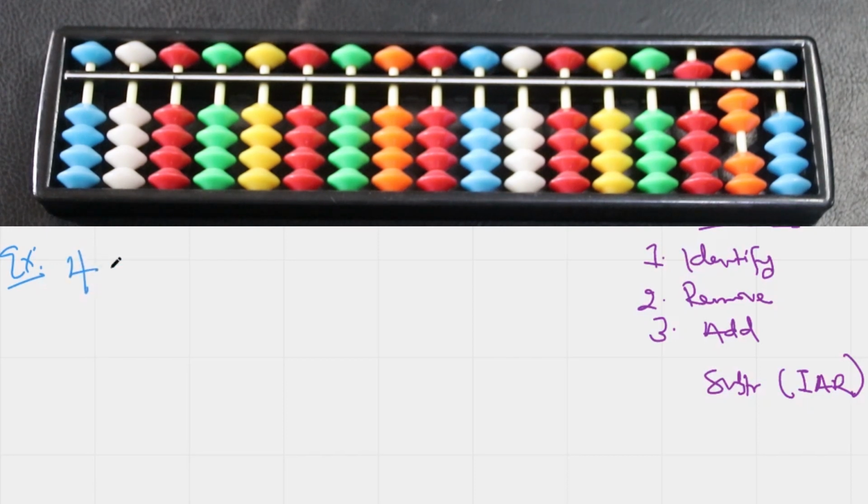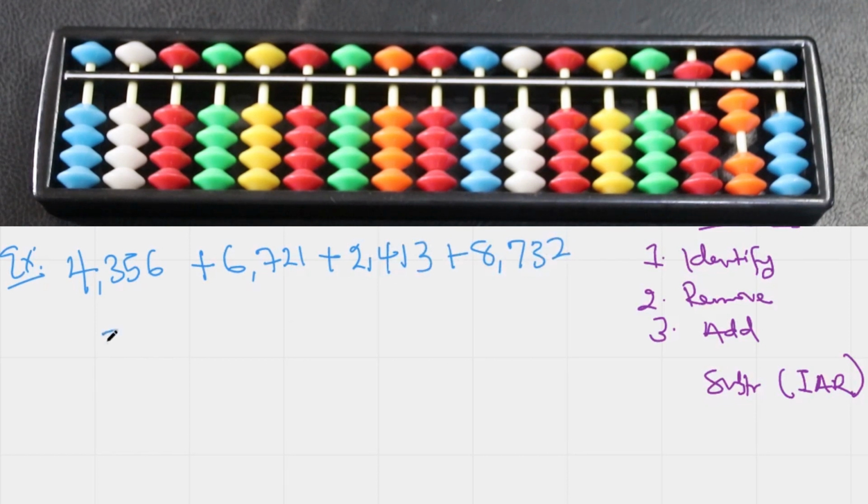Question number 1 is 4,356 plus 6,721 plus 2,413 plus 8,732. What's the answer? Okay.